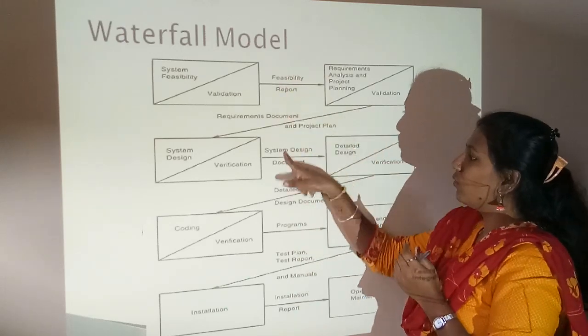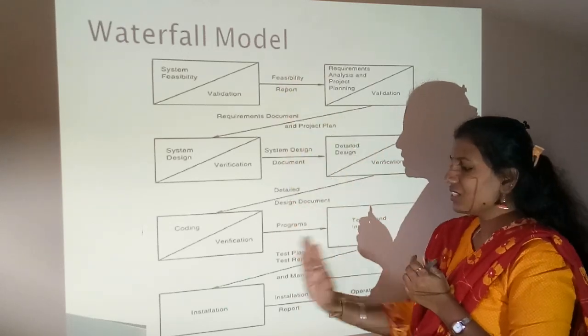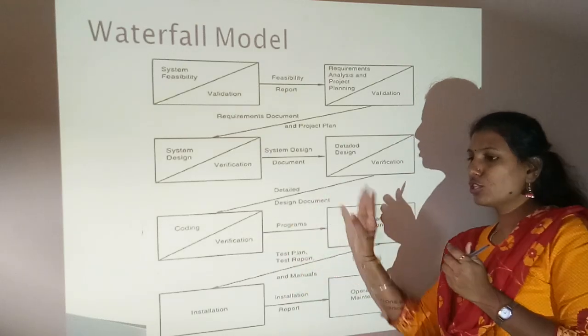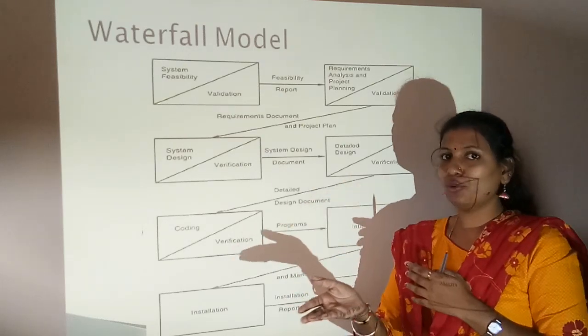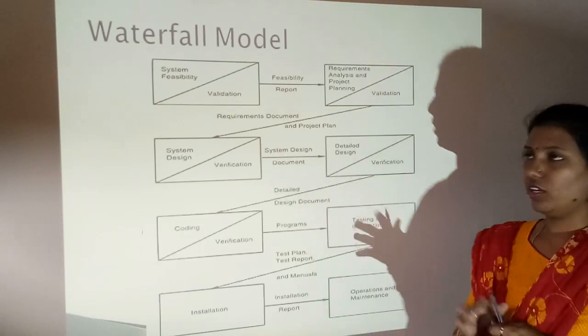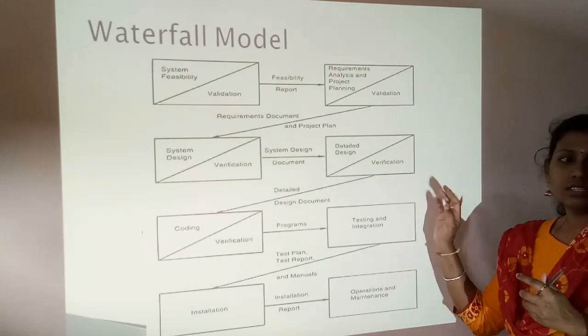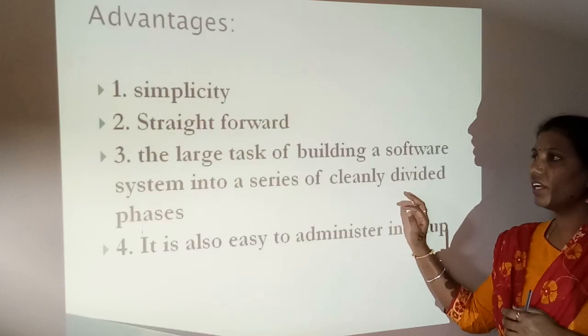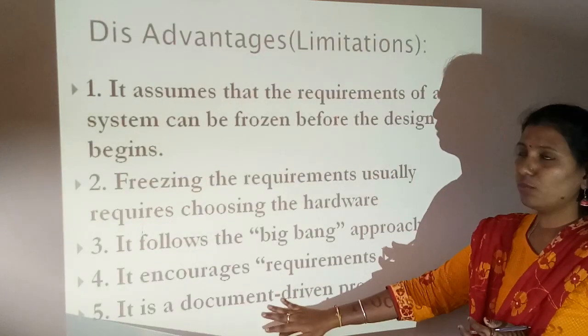Each phase should release its own documents and that document should be handed over to the next team to work on. So that is one more disadvantage. Now, these are the disadvantages. How many disadvantages did we see? 5 disadvantages.